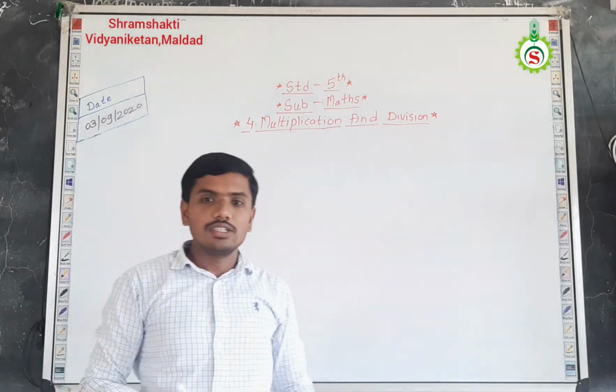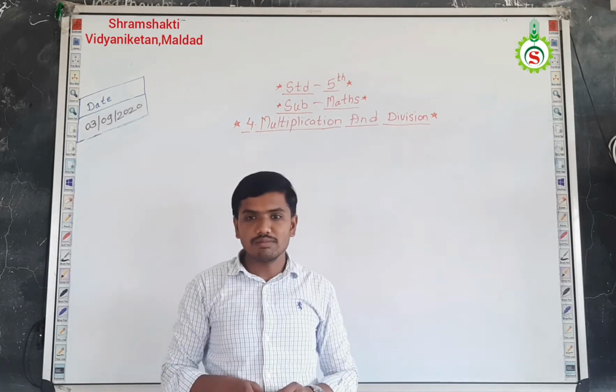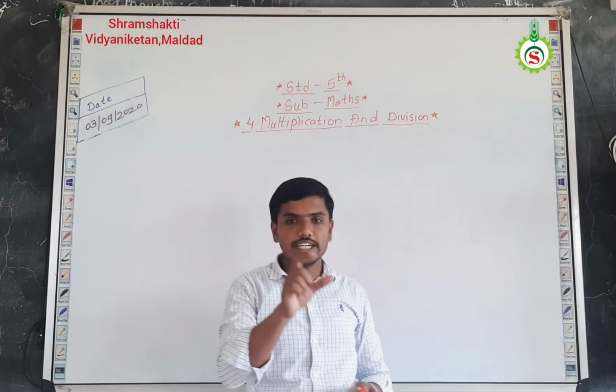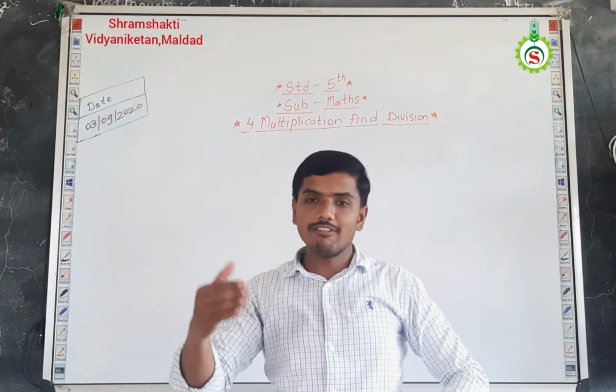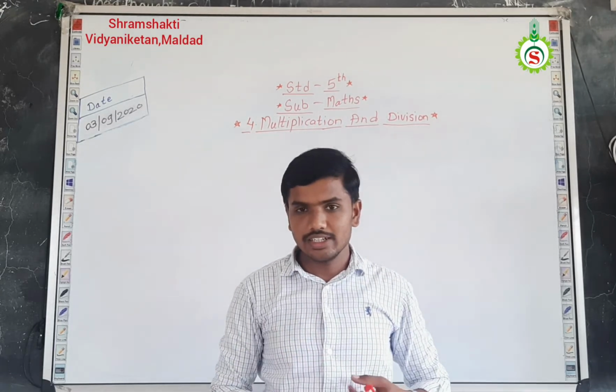Now friends, in the fifth standard, in chapter number 1, we have learned some topics related to the 6-digit number and 7-digit number. That means we have learned 6-digit and 7-digit numbers this year.